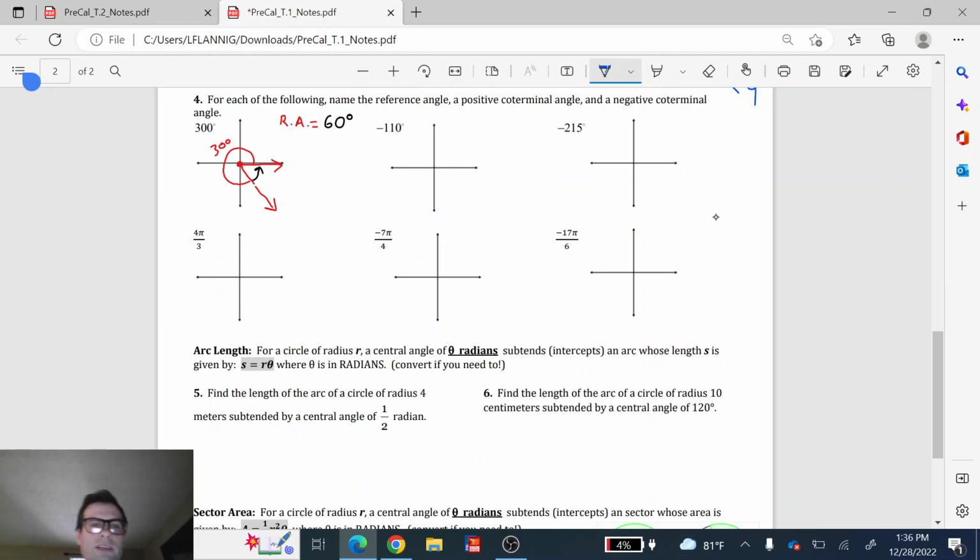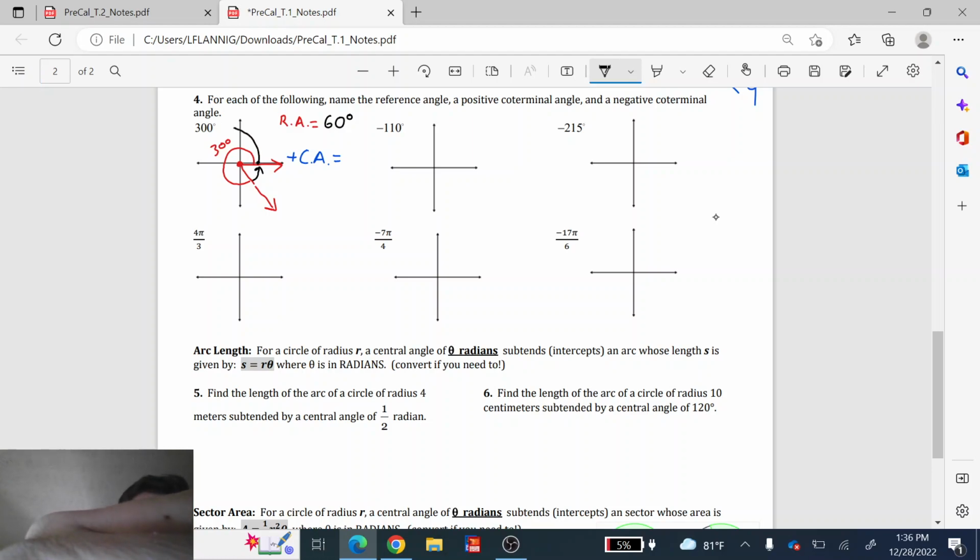Then we have the positive coterminal angle, which I'm going to label plus CA. That is the positive coterminal angle. And this one ends up being from this position right here.